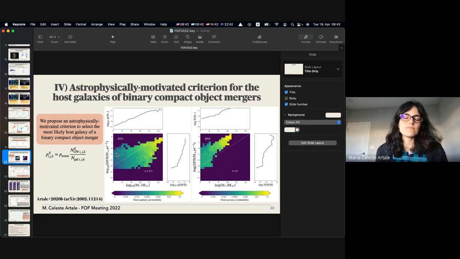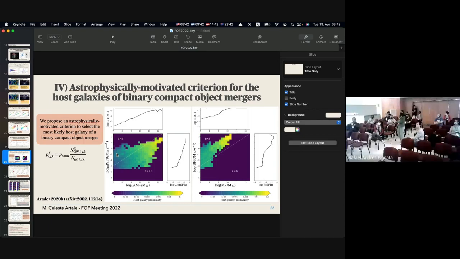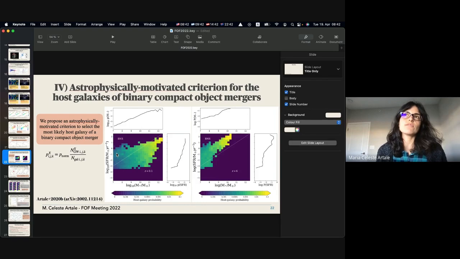Also, observational data claims that about 70% of the stellar mass at present is in early type galaxies. That's why we expect that early type galaxies are the most dominant in the local universe, or where we expect to have merging binary compact objects.